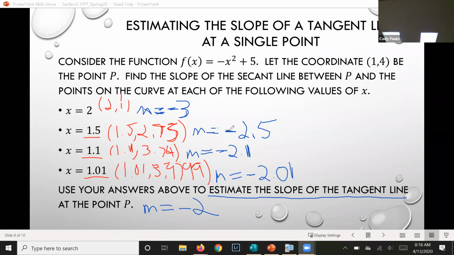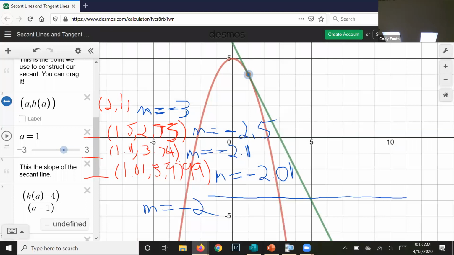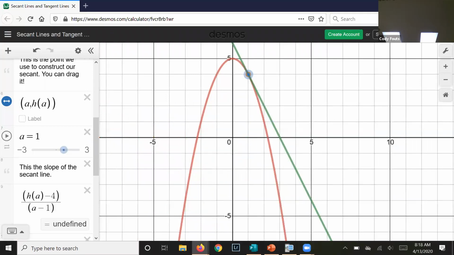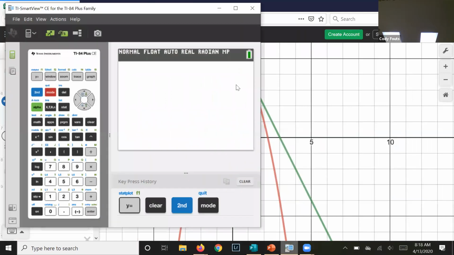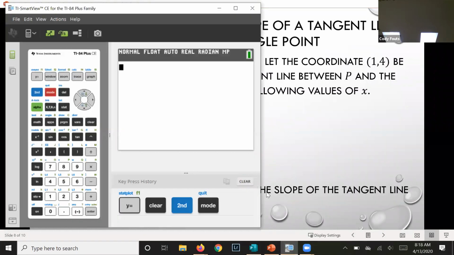And so on your calculators, trying to pull up this, there we go. On your calculators, you can use some of the features here to help you evaluate these functions fairly quickly. So the function we had was negative x squared plus 5, and I had to plug in different values for x.